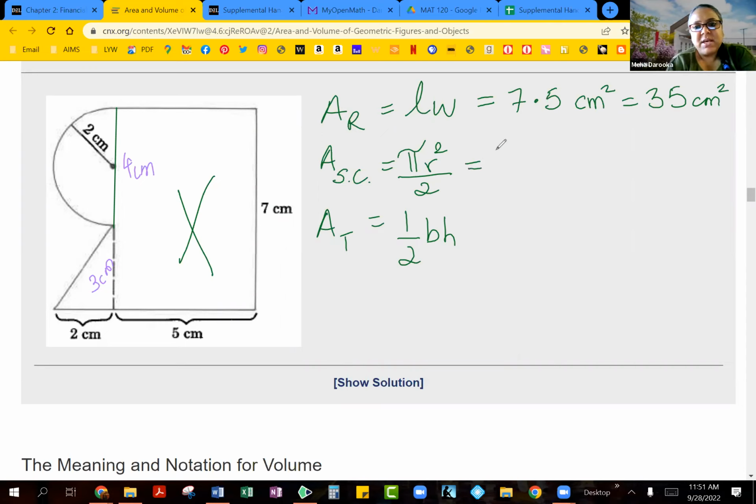Let's do the circle. So this would be 3.14 again for the pi. The radius is going to be 2 centimeters, so that will be 2 squared, and of course again it's going to be a squared value. So what does the area of the semicircle come out to be? And then of course you're dividing that by 2 to take its half.